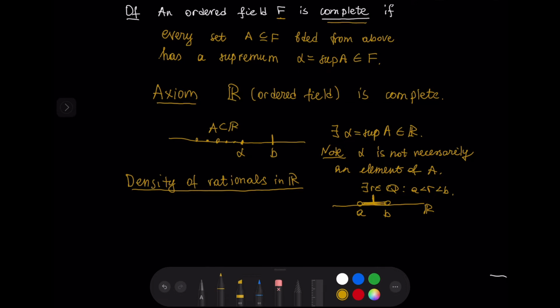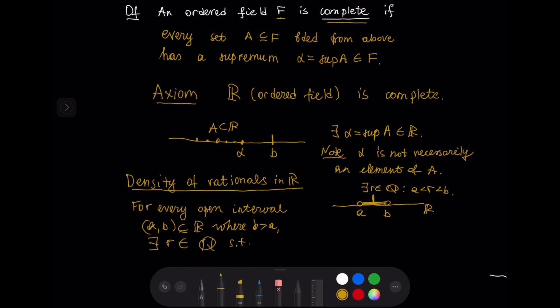So for every open interval AB that is a subset of R, where b is greater than a, there exists r in Q, so there exists a rational number r, such that r is between a and b.